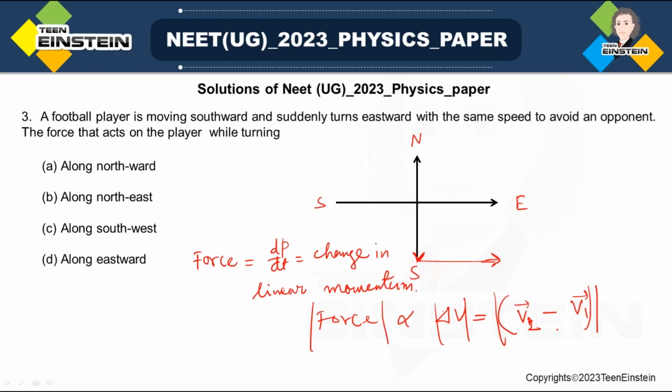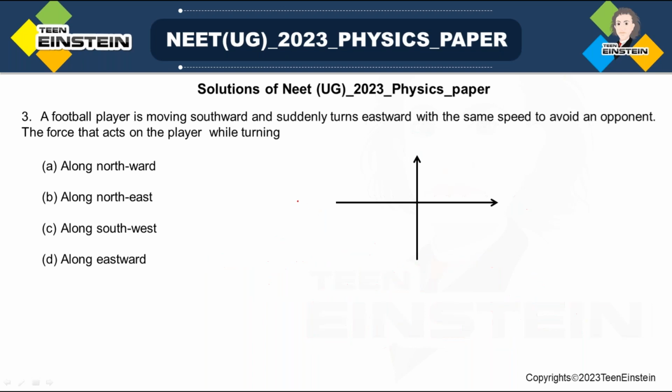Here you have to find out the direction, not the magnitude. So let us say the velocity was earlier v alone. I'll just show you here. Velocity was in this direction, and I have to find out v2 minus v1 vector. So what is v2?